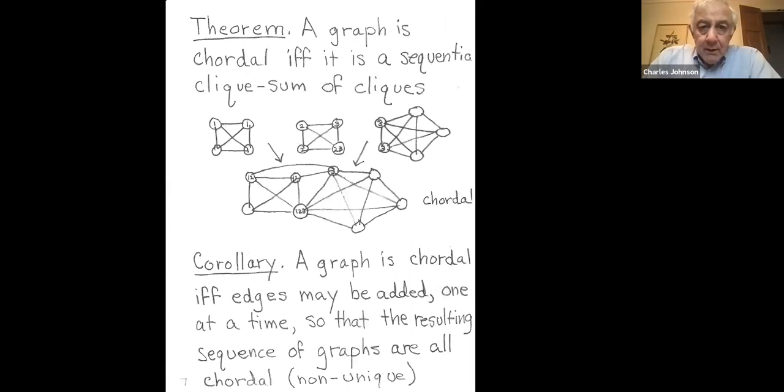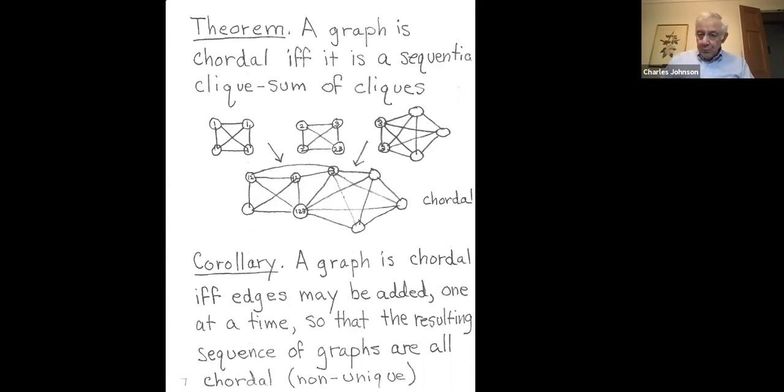Now, the interesting thing is that a graph is chordal. I've already given the definition, but here's a useful characterization. It's chordal if and only if it's a sequential clique sum of cliques. So what you should imagine is that you have a big pile of cliques sitting over here, and you pick out 2 cliques, and you make a clique sum of those 2 cliques by identifying a subclique of each.